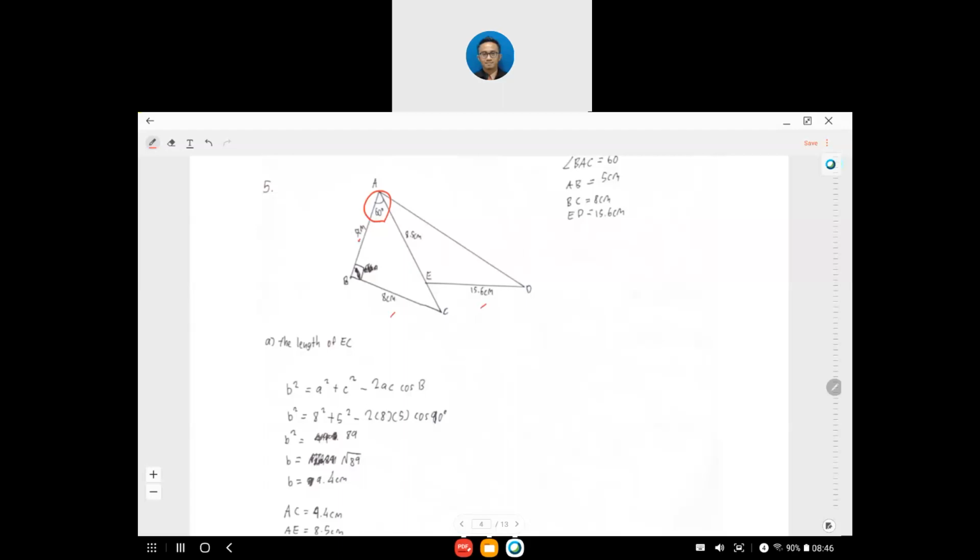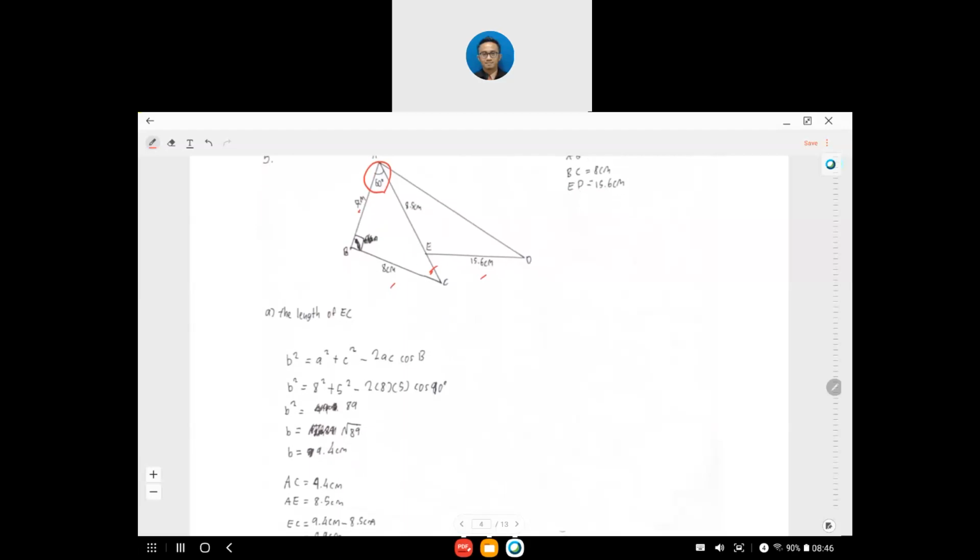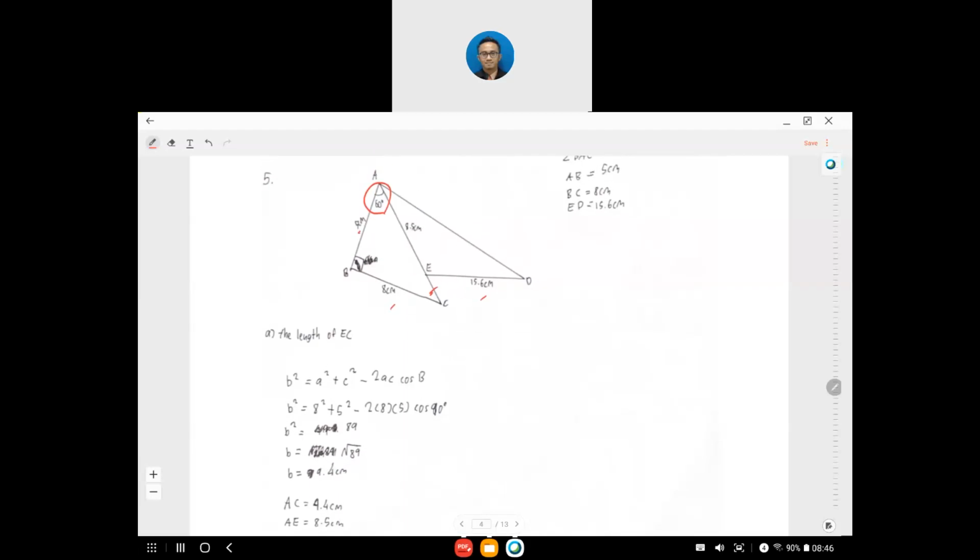So that means you want to calculate only this value. Because you already have this one, 8.5, make sure you first find what is AC. Then you can get EC because you have the value AE.